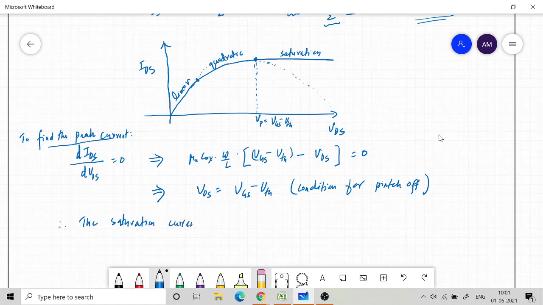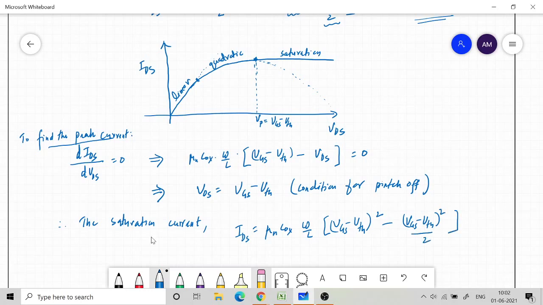And how do you find the peak current? You just substitute this VDS back into the previous equation. So IDS is equal to mu n C ox W by L, and in the bracket we had VGS minus VTH into VDS. Substituting VDS as VGS minus VTH, it will be the square, minus then we had VDS square by 2, which will be VGS minus VTH square by 2.